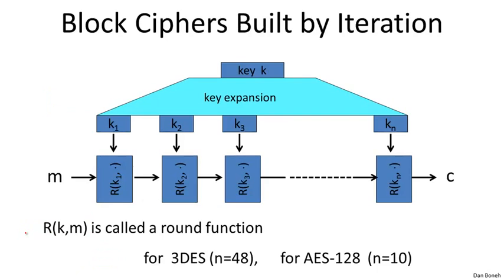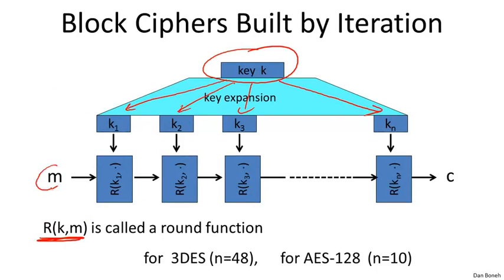I also mentioned before that block ciphers are often built by iteration. In particular, we're going to look at block ciphers built by a form of iteration where a key k is first expanded into a bunch of round keys, and then a round function is applied to the input message again and again and again. After all these round functions are applied, we obtain the resulting ciphertext. We're going to look at how DES, the Data Encryption Standard, uses this format.